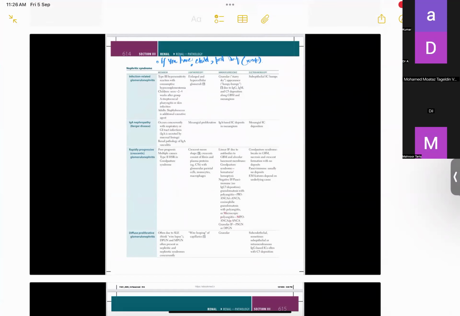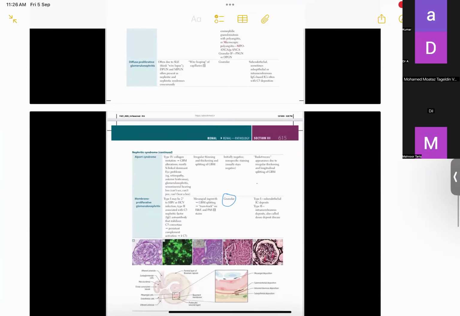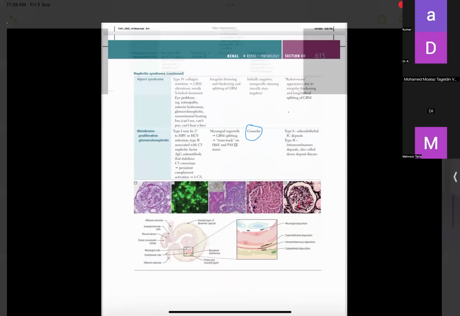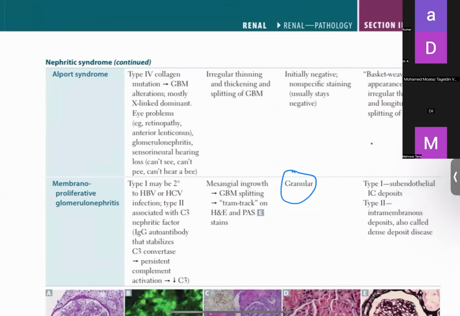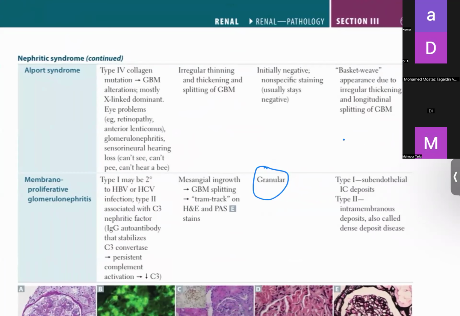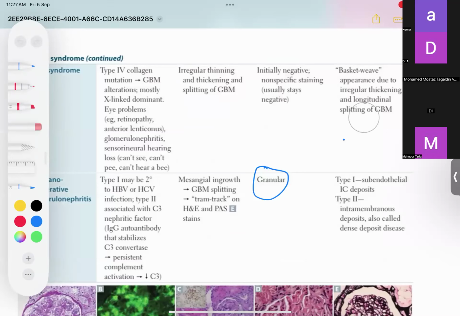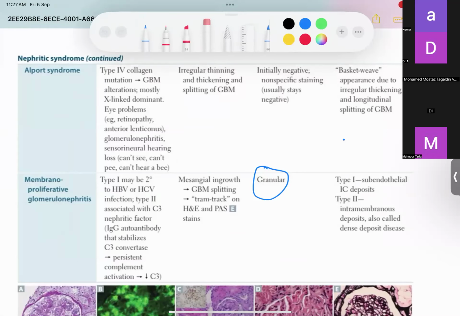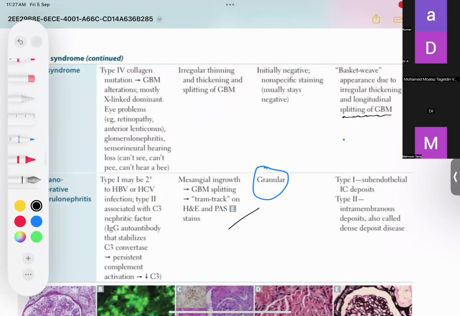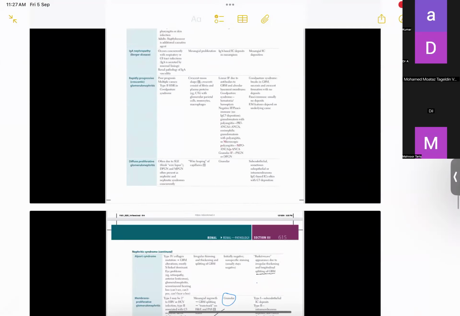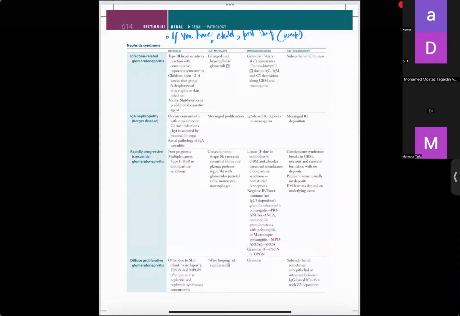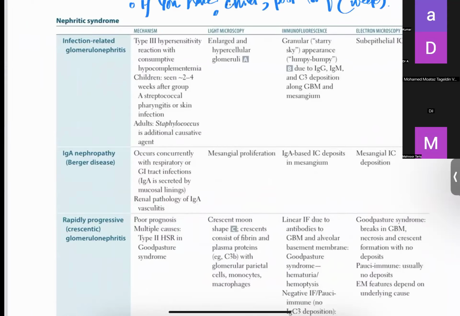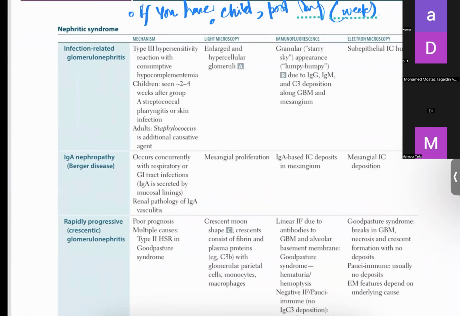But I am trying to give you some concepts so that you remember some of the things. There's thickening and splitting of the GBM, okay? Let's have a quick look through these so that the coming questions will be very easy for you, okay?